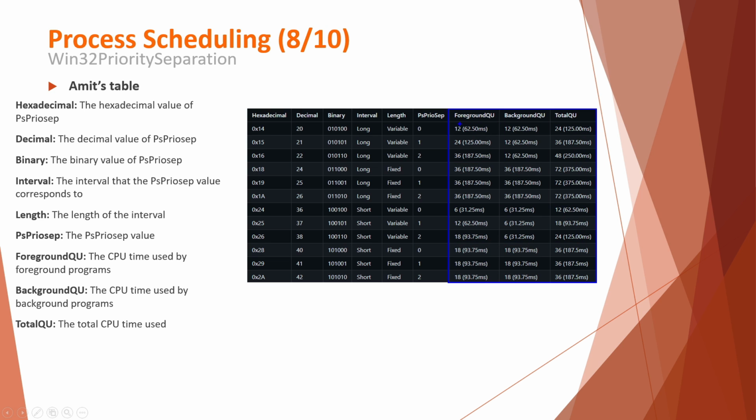We have the foreground quantum, background quantum, and total quantum. The total quantum is what we get if we do the math between foreground and background quantum. The foreground quantum is the CPU time used by foreground programs, and the background quantum is the CPU time used by background programs. A total quantum is the total CPU time used.